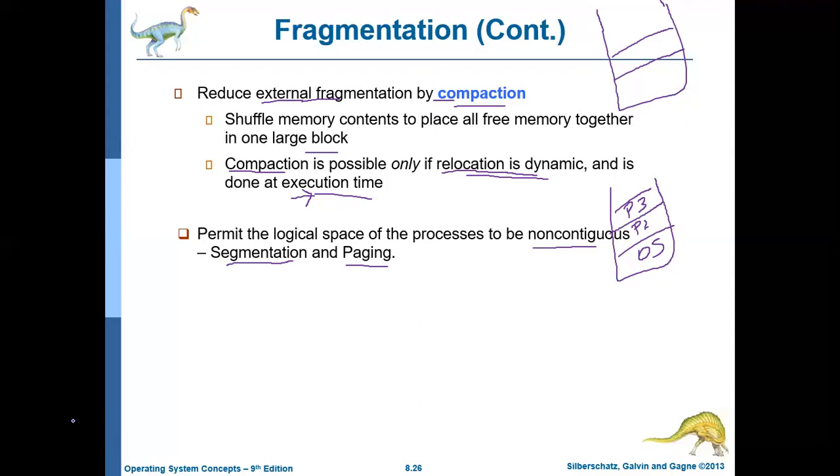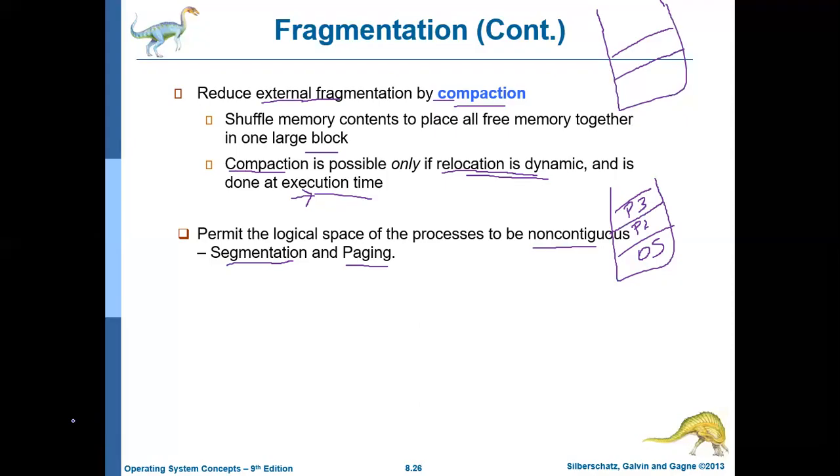Compaction means moving all the allocated memory to one end and all the free memory to another end, so that when a new process comes, you can again allocate memory to the free locations. But compaction is possible only if relocation or binding is done at runtime, at execution time.